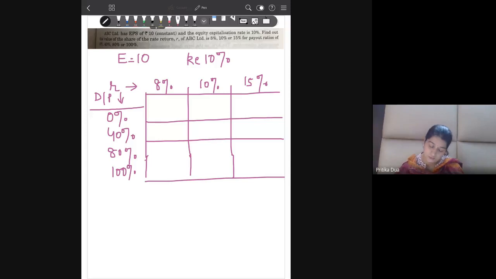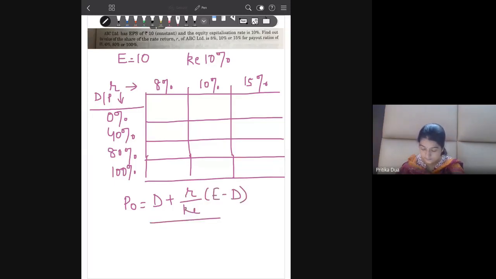I am writing the formula again here. Okay, I'll solve one part and then you can complete this table.